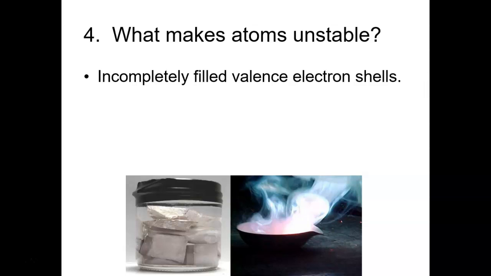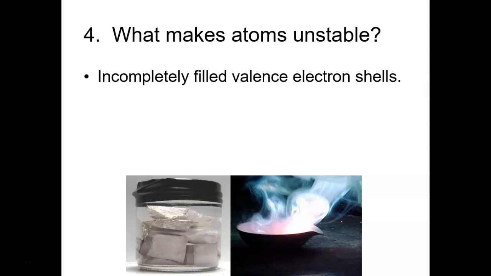That means that they are unstable. And what causes instability? Well, it's when the valence electron shell, that outer level, is not completely filled, then that causes atoms to be unstable. The closer it is to being empty, the more unstable it becomes.